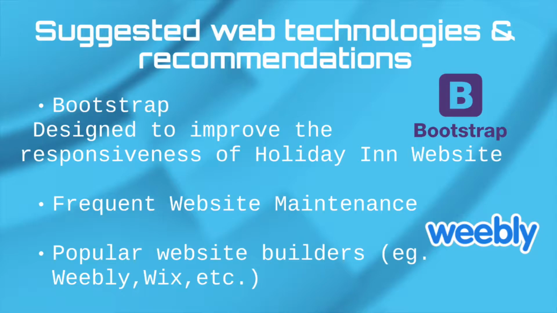Bootstrap uses a grid layout that quickly adjusts itself to the appropriate screen resolution. Using this, we can alter the problematic reservations management page. Moreover, the glitches in the translation of the page can be adjusted with popular website builders. These include Wix, Squarespace, and Weebly.